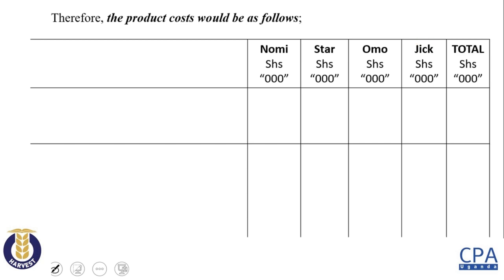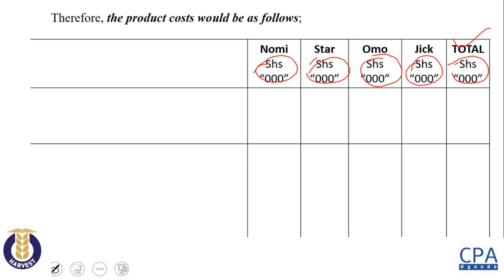In the last column we shall present the totals. All my shillings are in thousands. That is very important. If they are dollars, euros or pounds, you need to indicate, including the precision.